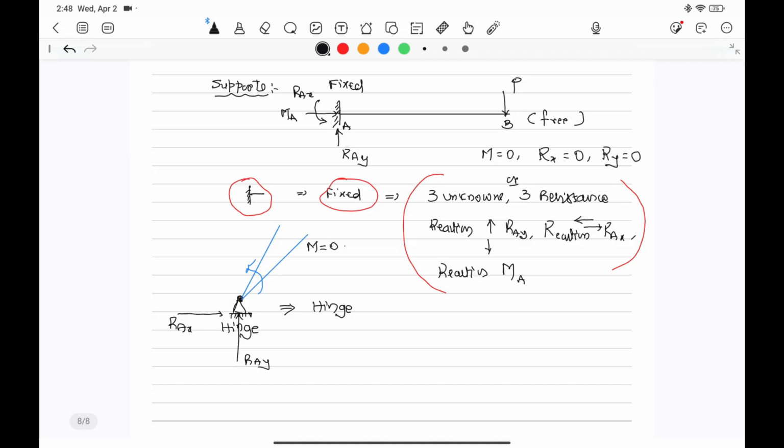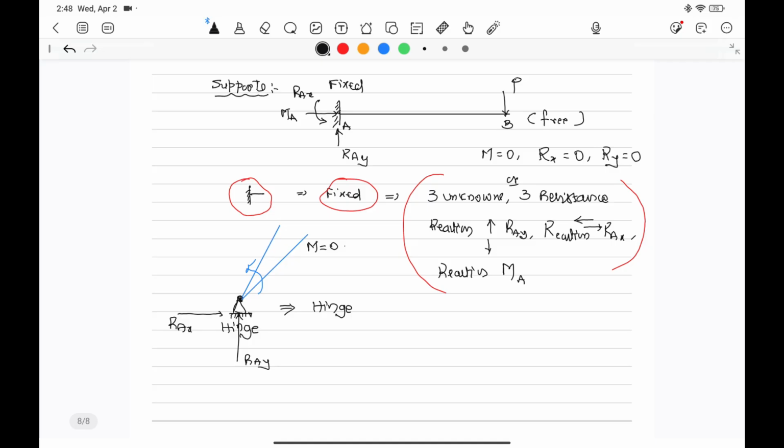Horizontal reaction is required to constrain the horizontal movement at this point. Vertical reaction is required to constrain the vertical movement, but movement is not there. There is no restriction for rotation. Hence, for movement, M is equal to 0.